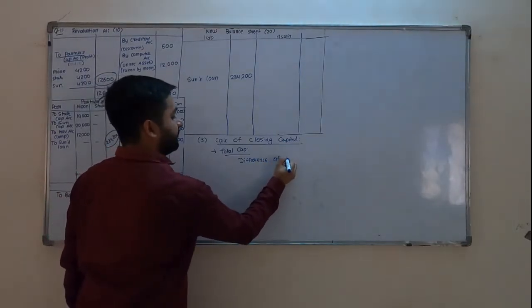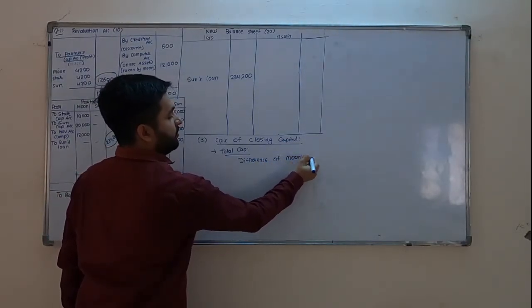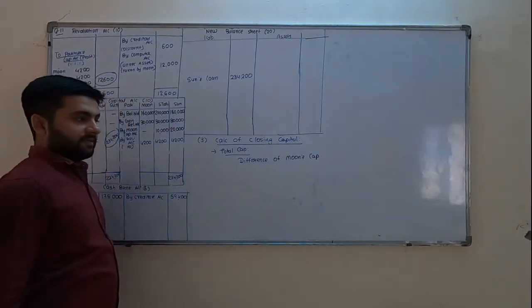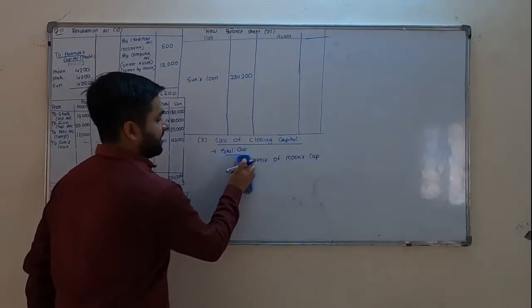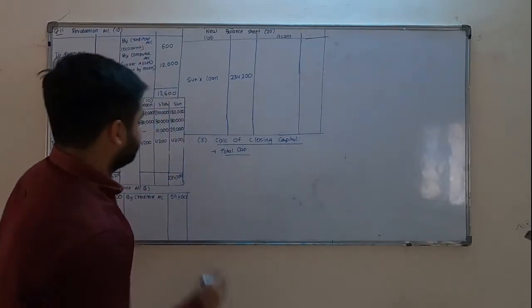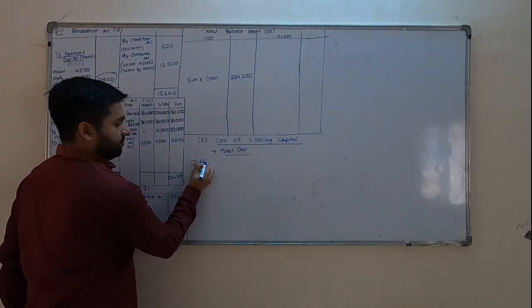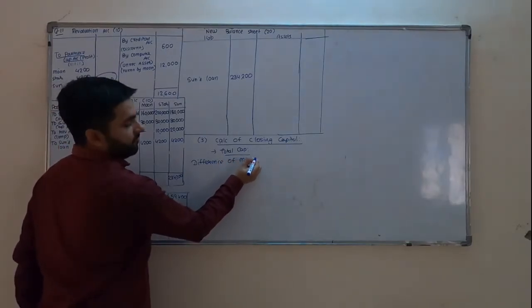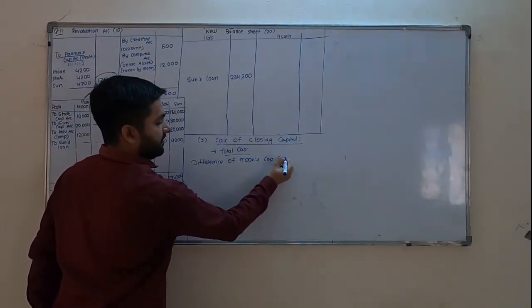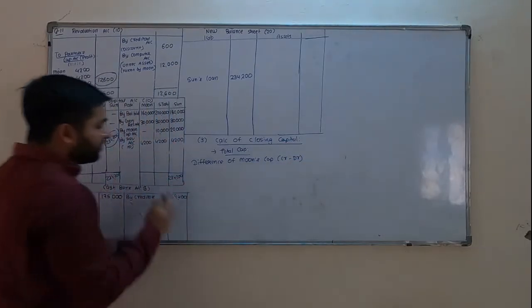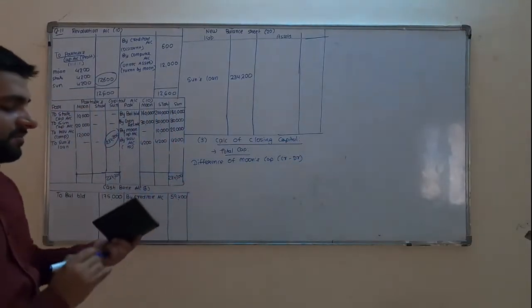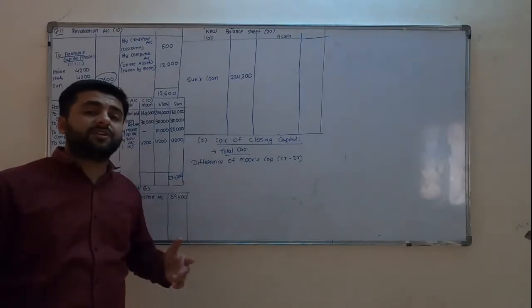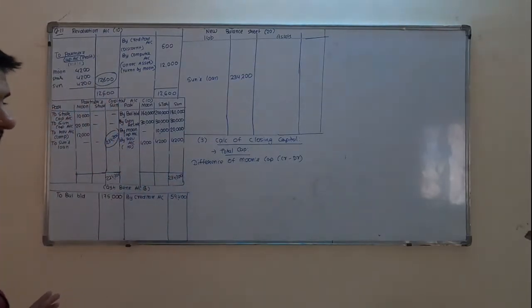Difference of Moon's capital. Credit minus debit. Don't write anywhere, but do credit minus debit, because we have to keep the capital in new ratio, so we cannot write the totals here.